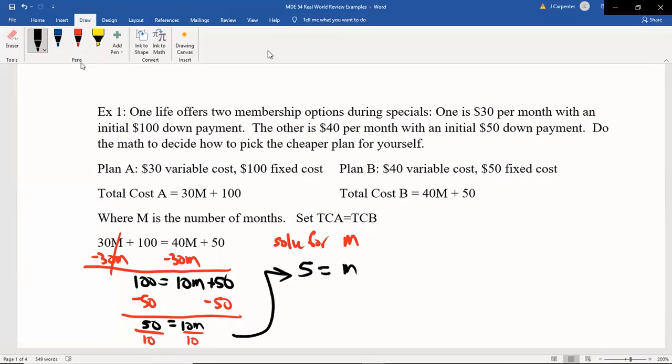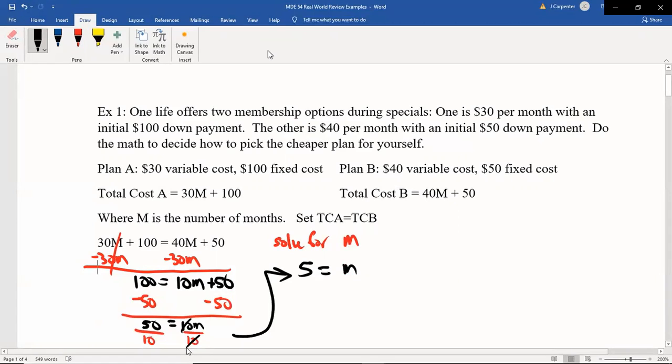So 5 is equal to M. The 10s here would cancel. Anything divided by itself is always 1. So that says 5 equals M.